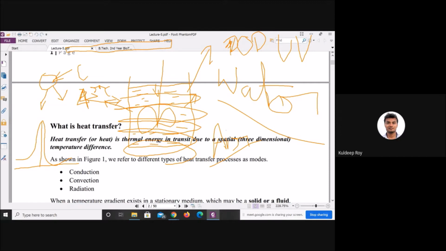Around the surface the conduction term will come into the picture, inside the material. Inside the material means the thickness of the tube or pipe that you are using for circulation. It may be 0.5 mm or 1 mm, depending on the size of the pipe.